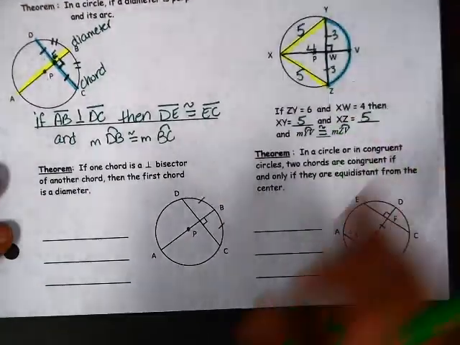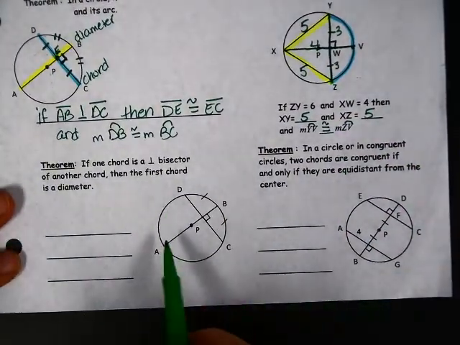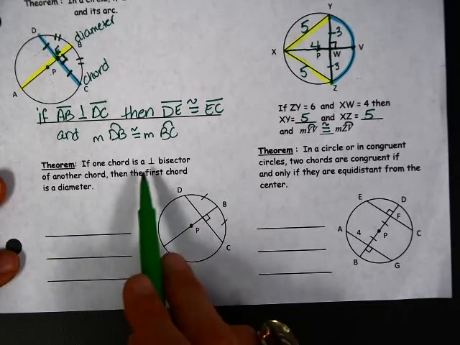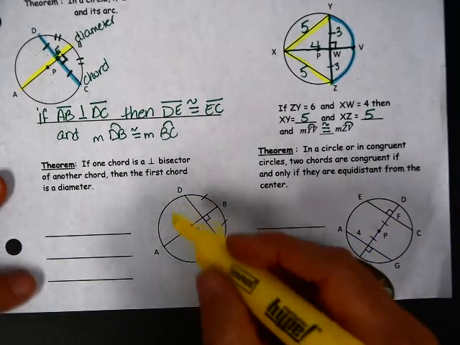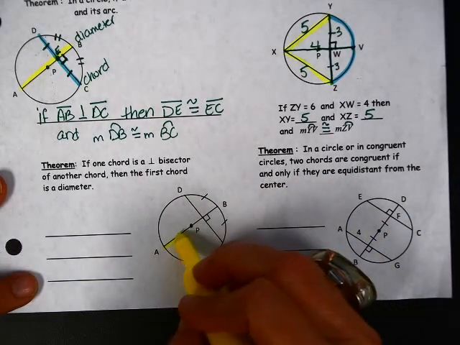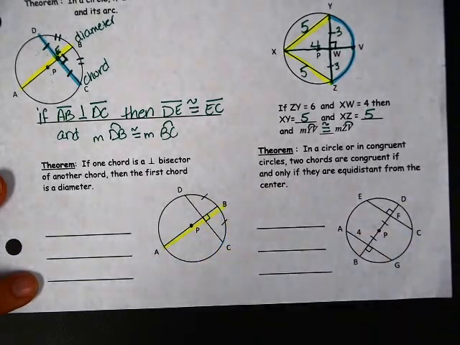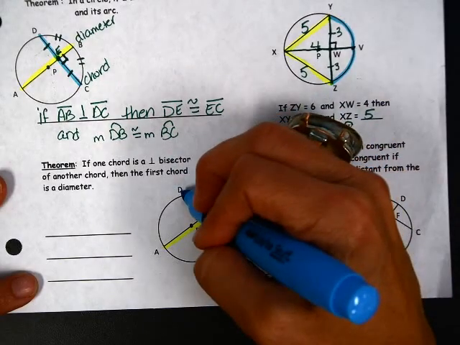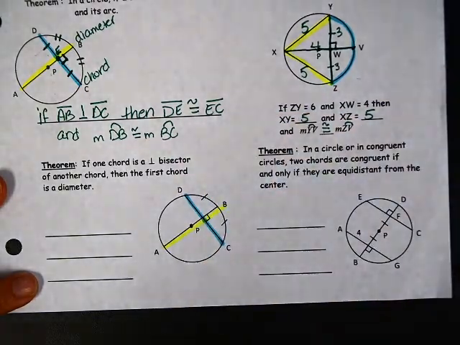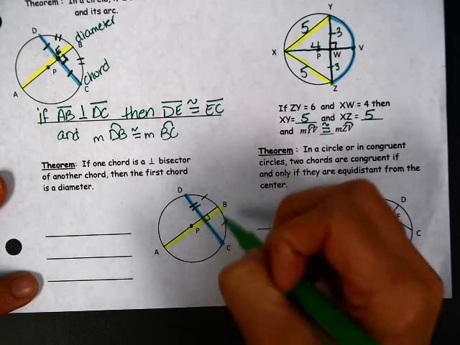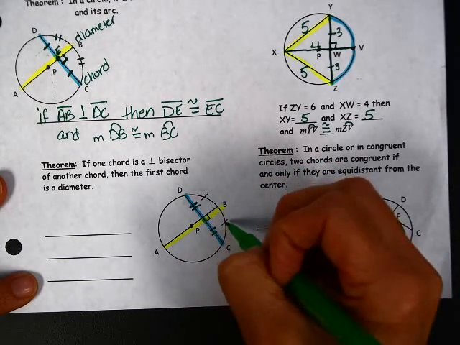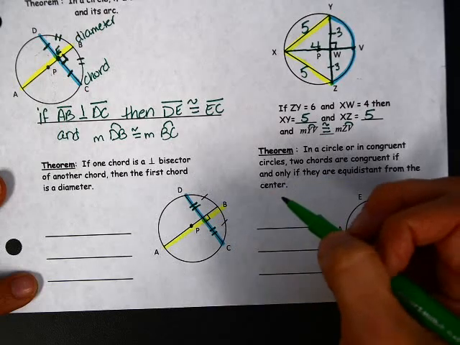Okay, the last two theorems now. If one chord is a perpendicular bisector of another chord, so right here, here's a chord, it's a perpendicular bisector of the other chord, meaning it's perpendicular, creates a right angle, and it cuts it in half. And notice the arcs were marked as congruent, so we knew it cut that arc in half.